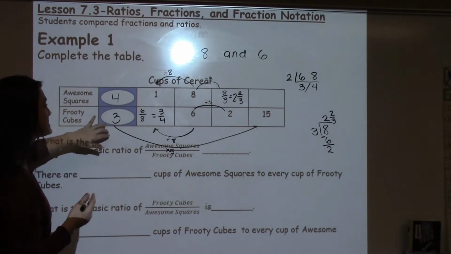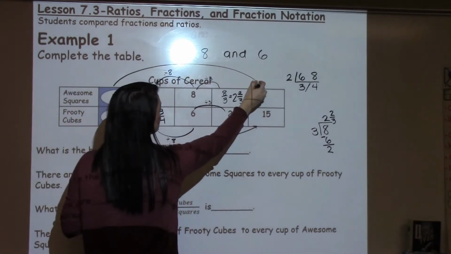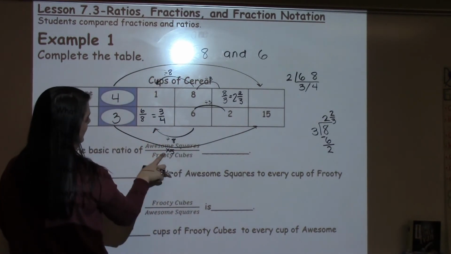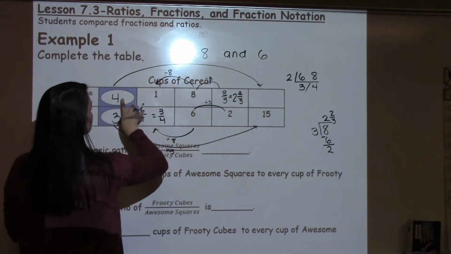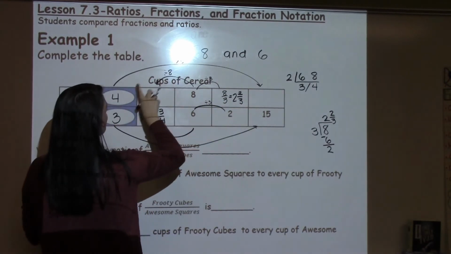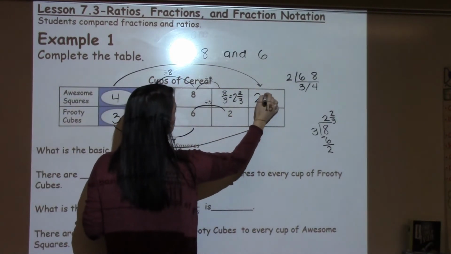I can do that as long as I also do that same thing here to fill in the blank that's on the top. So if I did 3 times 5 to get 15 here, I would have to do 4 times 5 to get my answer for this space. And 4 times 5 is 20.